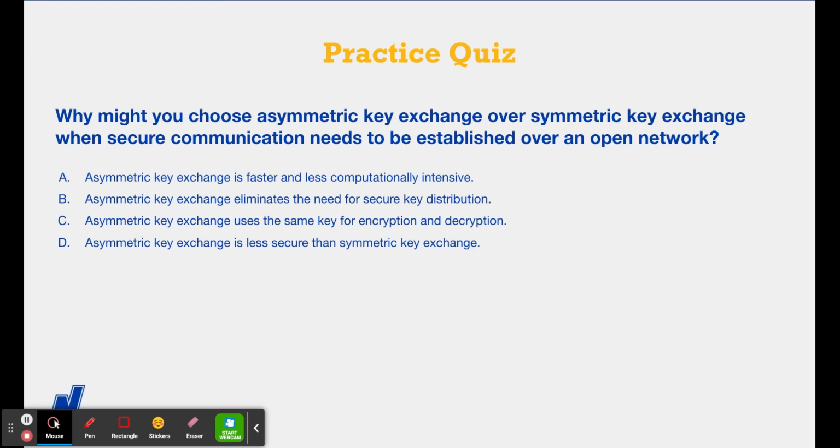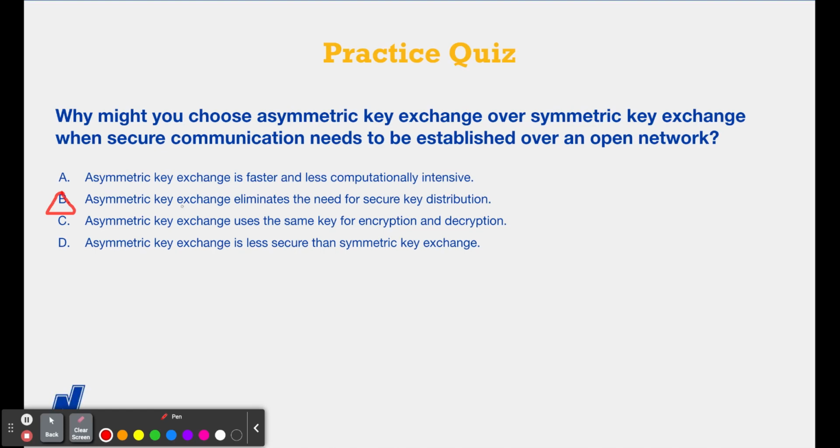Asymmetric key exchange is a better choice when secure communication needs to be established over an open network because it eliminates the need for secure key distribution, which is letter B. While symmetric key exchange requires a secure method for the sender and the receiver to share the same key, asymmetric key exchange uses a pair of keys, a public and a private.